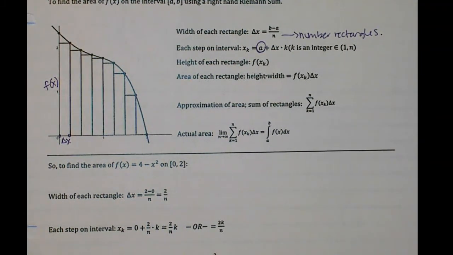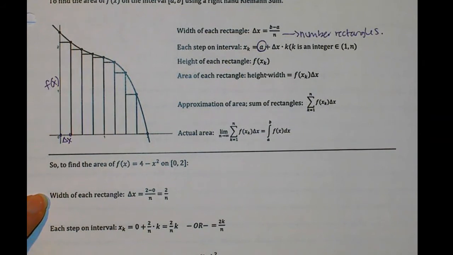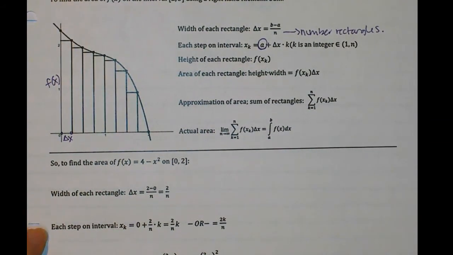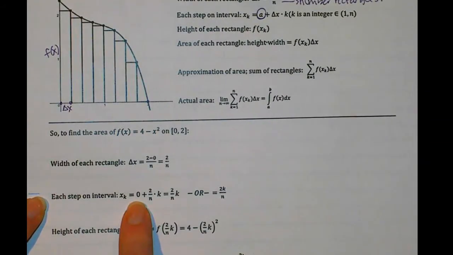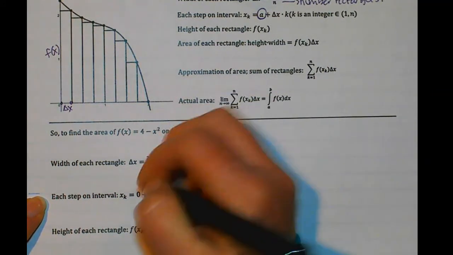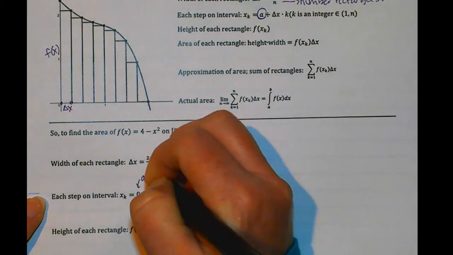We have to consider where a is and then move it. So we've got the width of each rectangle they've talked about right here, each step on the integral, and this one, it starts with 0, so that's not very exciting. But the last example, they start with 0. Wish they started with something else for our example. So this is a, this is the start.